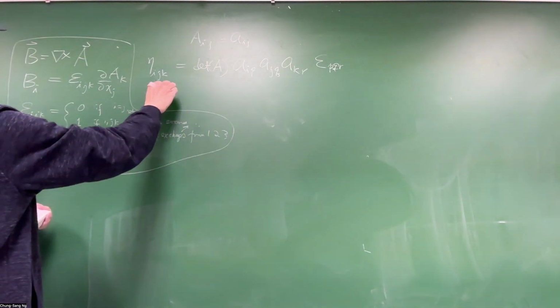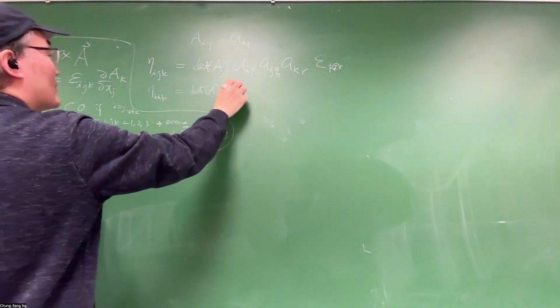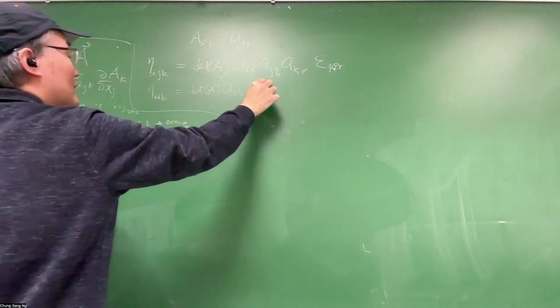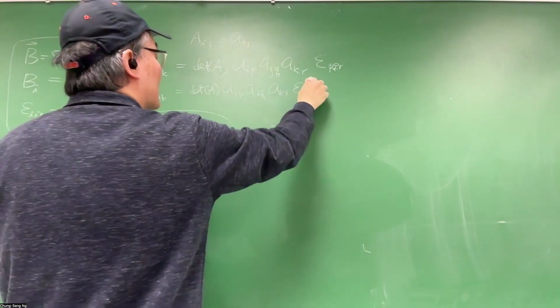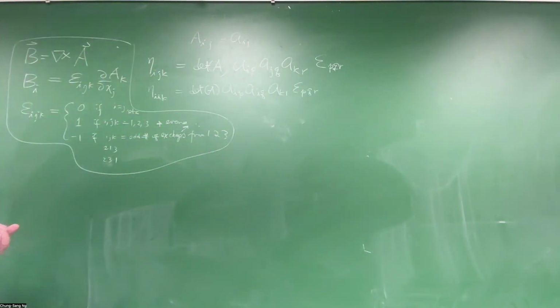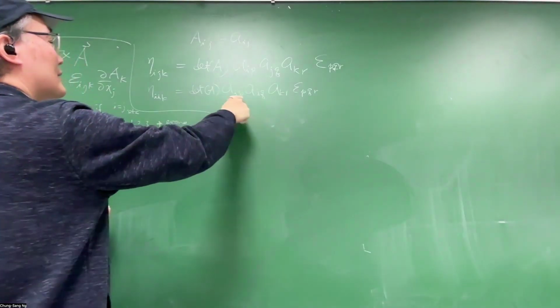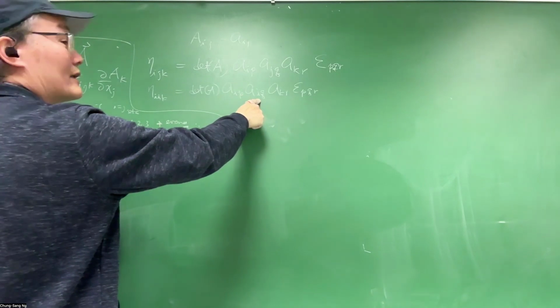Explicitly i k. So the determinant of a, so you have a i p, a i q, and epsilon p q r, right? But because they have the same thing, we can interchange the order of p and q, right?